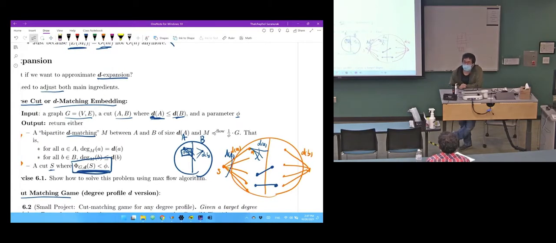Say it again. C/5. Yeah. So if the capacity used to be CE, then you just set it to be CE/5. And the reason is that we want this flow to have congestion 1/5, right?